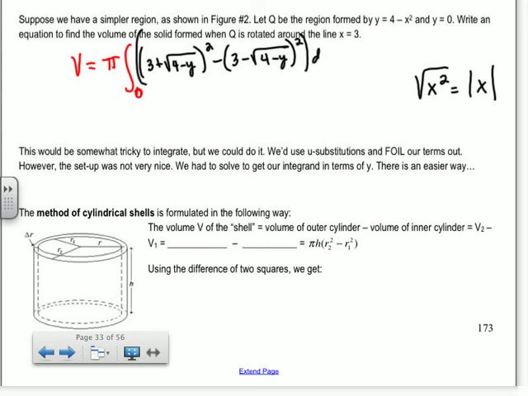And this one we would have to use math 9, unless you want to FOIL it all out and everything. So I have 3 plus square root of 4 minus x squared.